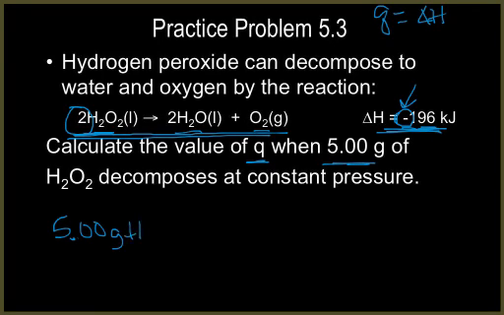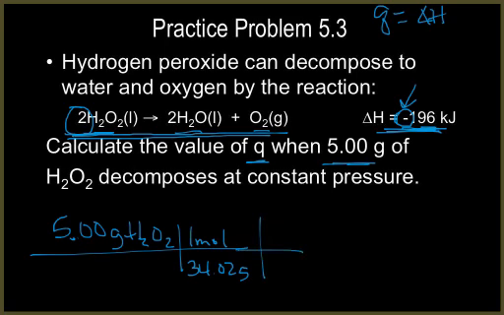So we have 5 grams of H2O2. We're going to convert it to moles because this is 196 per 2 moles, so we need to get rid of the grams and go to moles first. 1 mole is 34.02 grams, again, just the molar mass. And then I know this is releasing 196 kilojoules per 2 moles of H2O2.